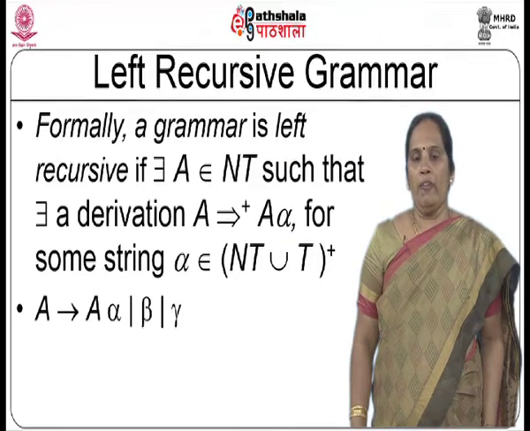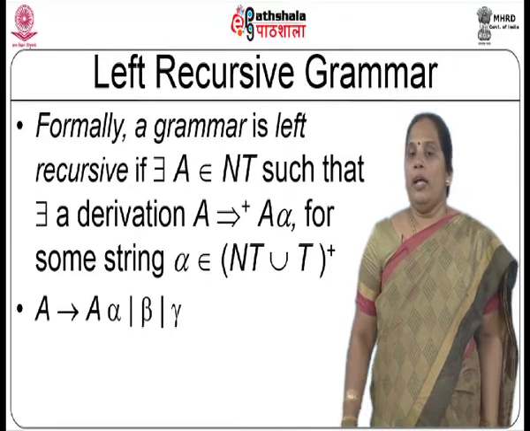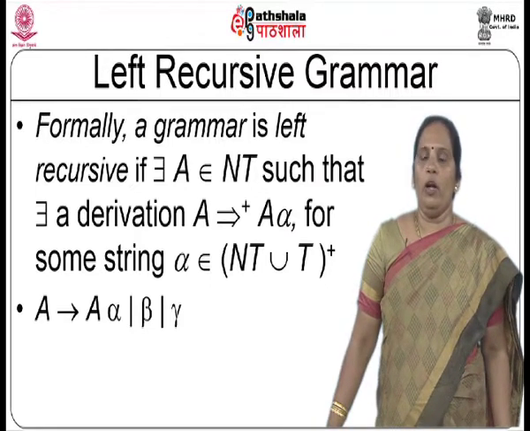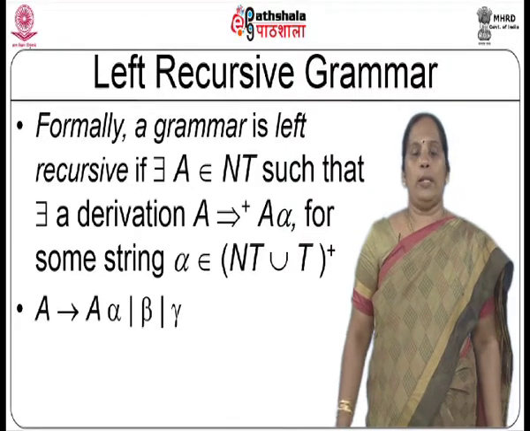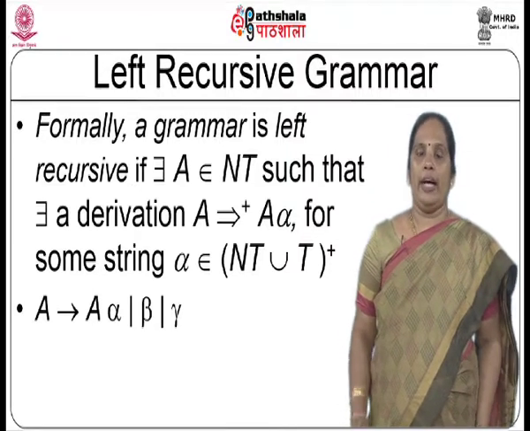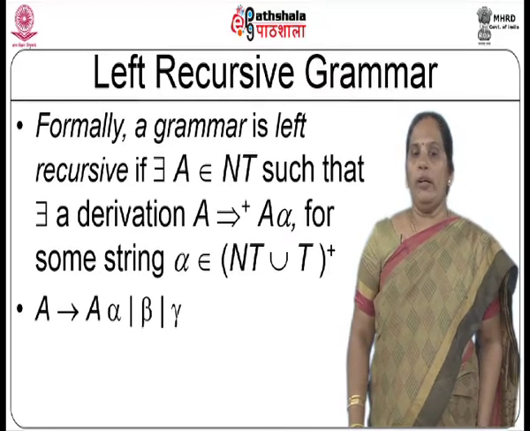So, you should have A produces A alpha, that is the LHS non-terminal should be the same as the first symbol on the RHS production. It could be a direct production available or it could be a derivation. Okay. So, you could derive this in 1 or 2 steps, or you can have a direct production itself available. This has to be removed.